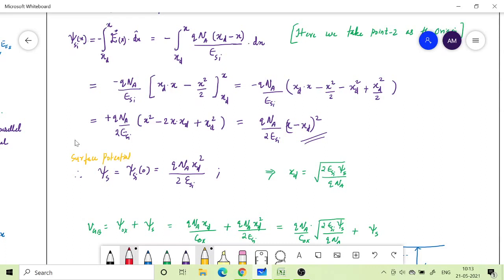So surface potential psi s is equal to psi, according to this definition, if I put x equal to 0, I will get what is going to be the surface potential. So it will become xd square here, like this. Now if I invert this relationship, my xd is equal to a square root of this surface potential. So I get an expression for xd.